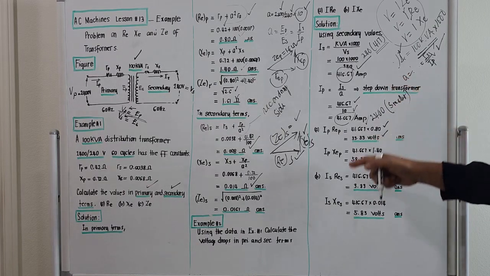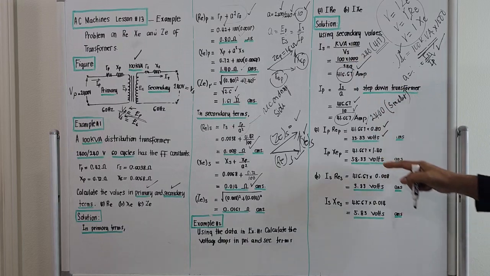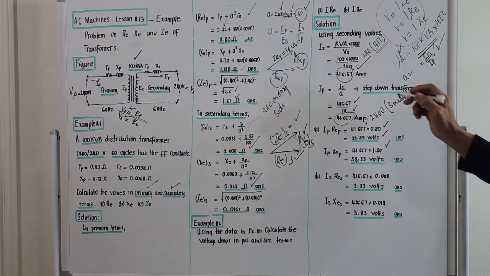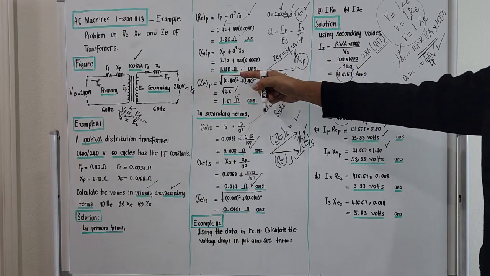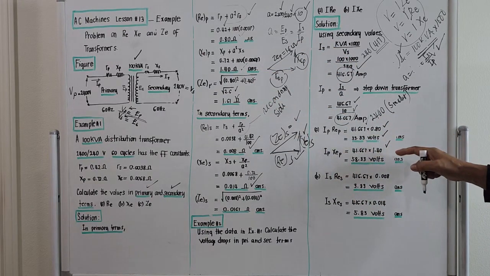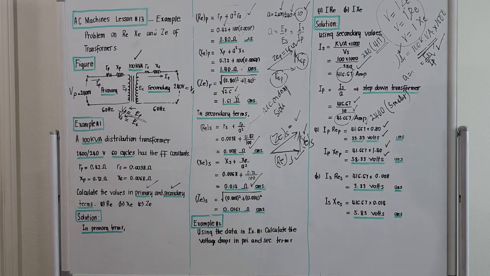For the voltage drop due to the reactance of the winding on the primary, it will be the same current times the equivalent reactance on the primary, and that is actually 1.4. So this should be 41.667 times 1.40, that will be 58.33 volts.